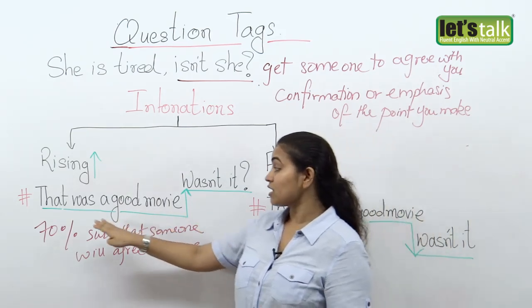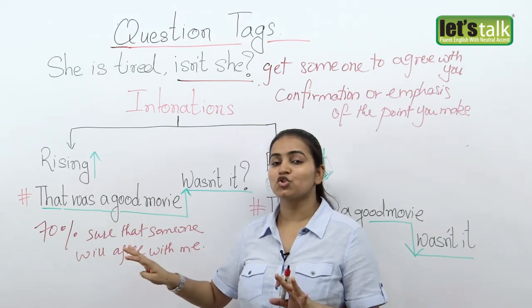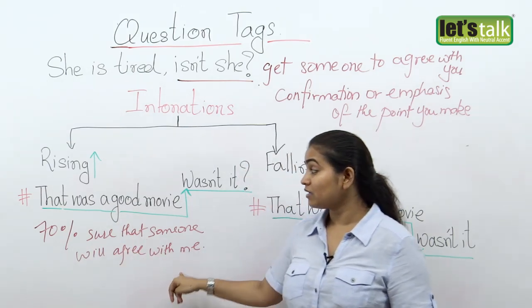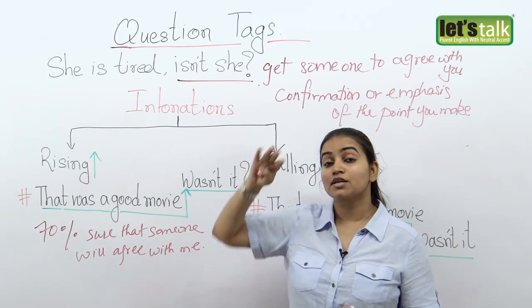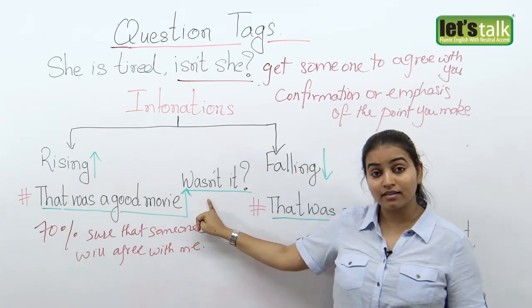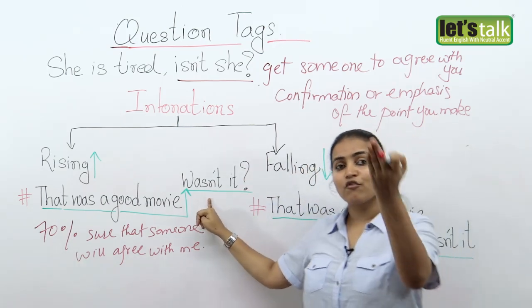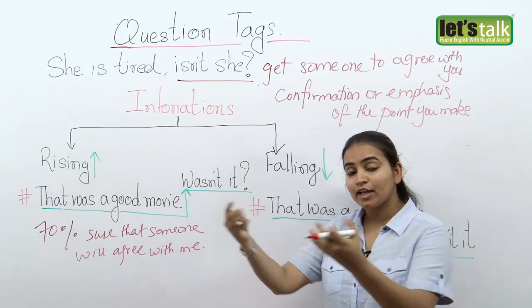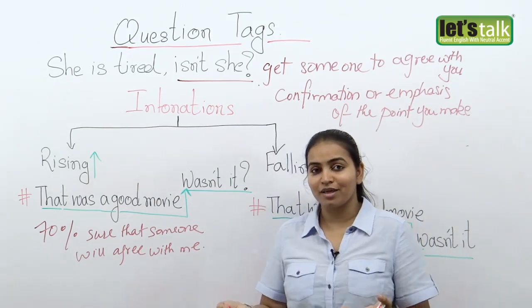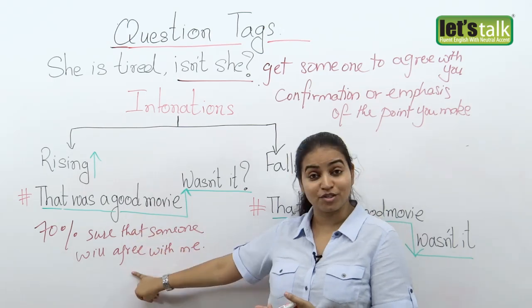So therefore, since I'm around 70% sure that she will agree with me, my voice will rise when I'm using the question tag, because my rising voice indicates that I'm really eager to get her to say yes to what I am asking her through my question.